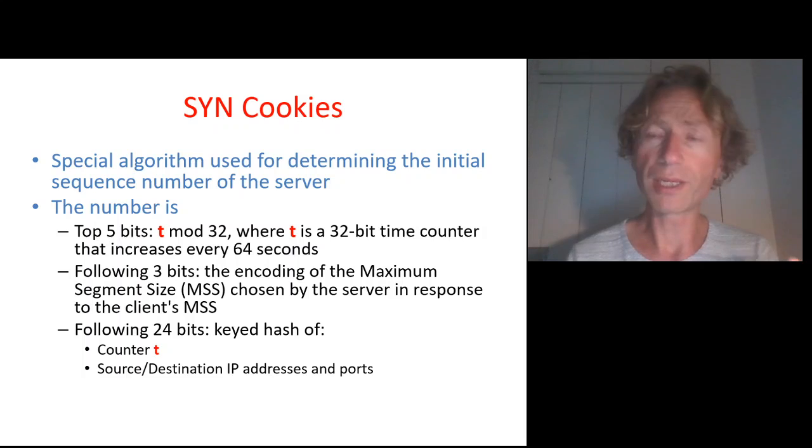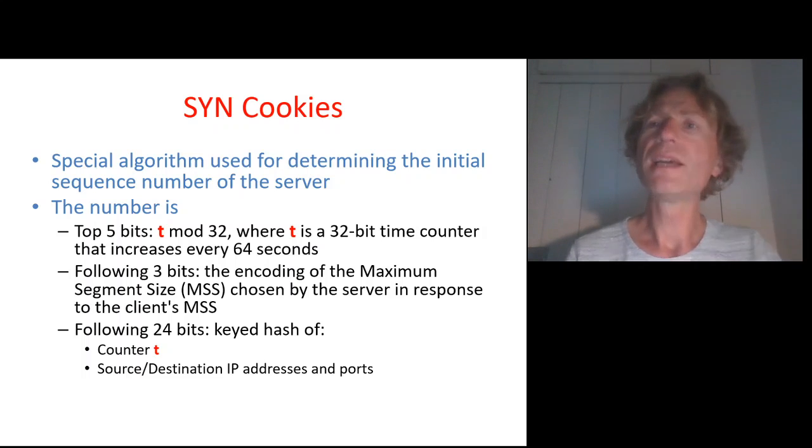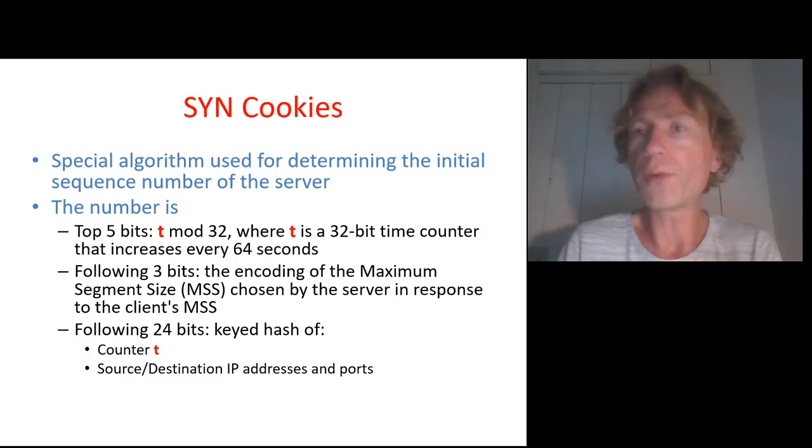We have a 32-bit counter that increments every 64 seconds, and whatever that value is, we calculate that modulo 32, because we only have 5 bits, and that's what we put in those first 5 bits. And it gives an indication of the freshness.